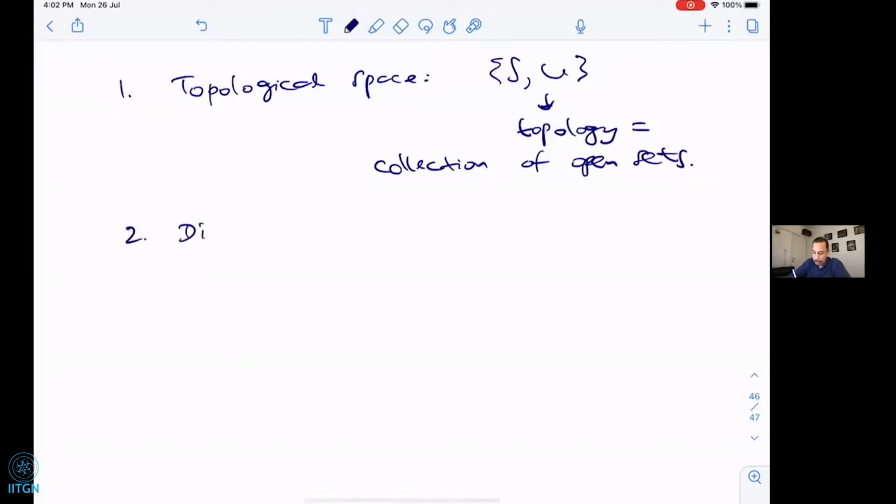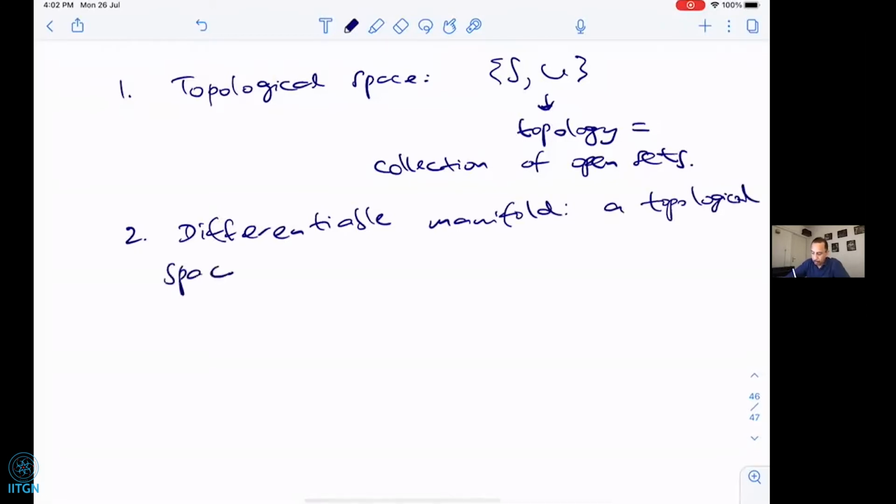Now, the second was differentiable manifold. And this one is a topological space together with an atlas.